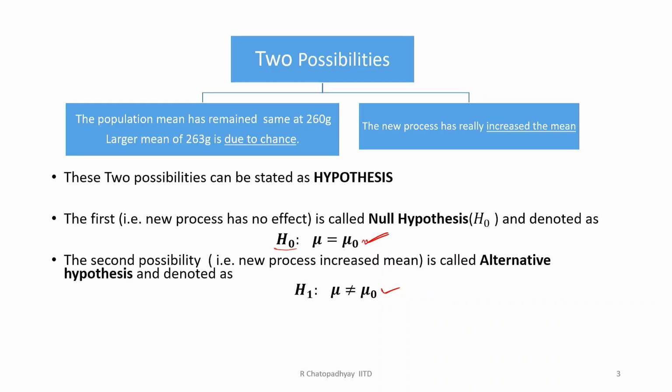These are the differences between the null hypothesis and alternative hypothesis. Now the question that comes to mind is, how to know which hypothesis is true, that is, which statement is true. This is what we are interested to know.